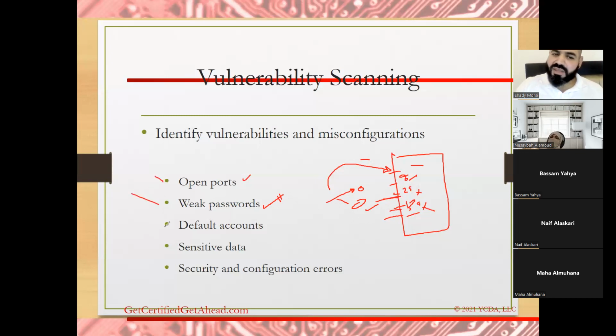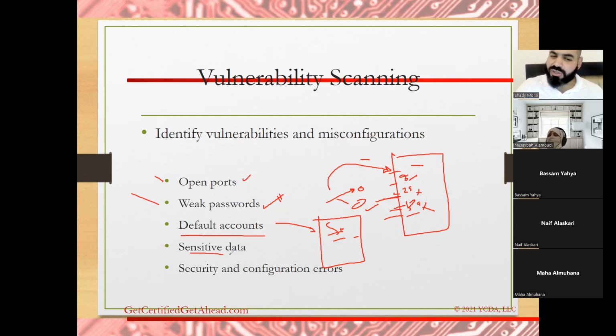Okay, guys? It can tell if you're using default accounts. For example, you configured a database and left it with the SA username and password. It can say, you are using the SA default account, please don't use it because this is an easy target for attack.